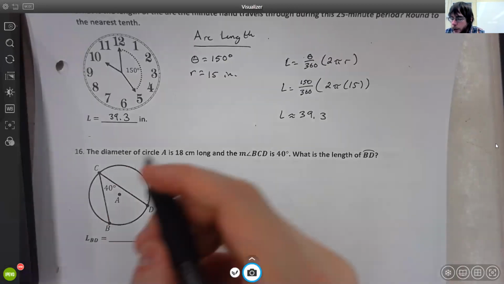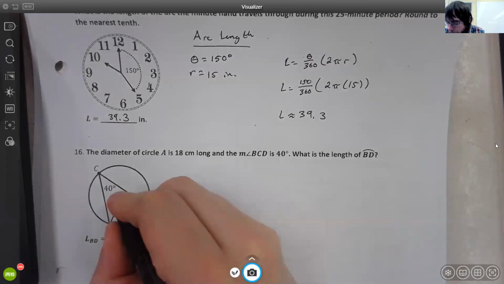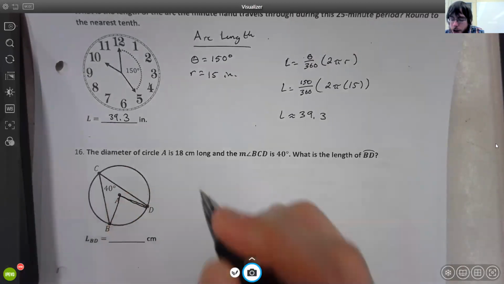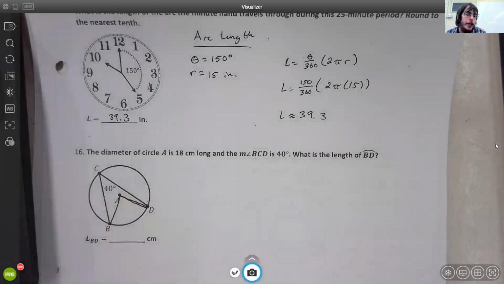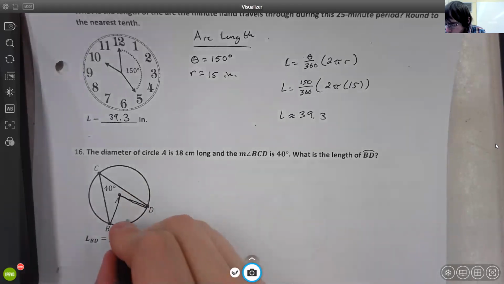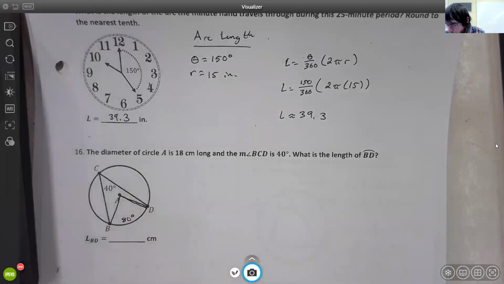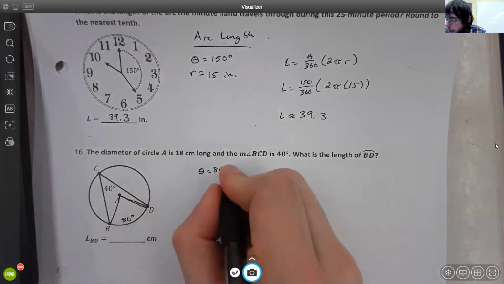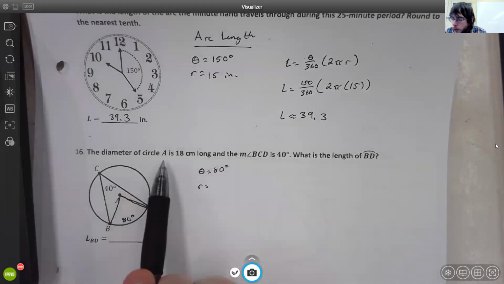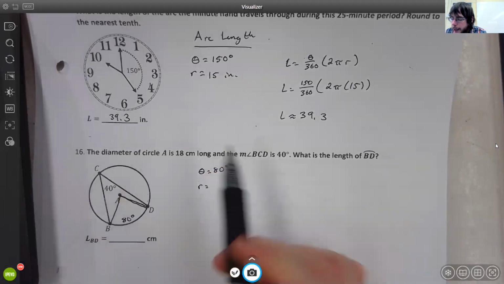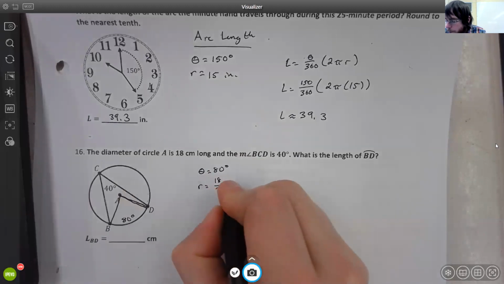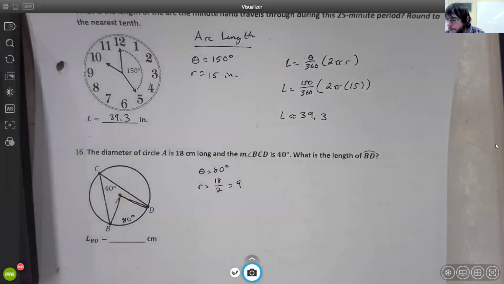We actually have to determine what our central angle would be based on that. And we know that the arc would be equal to twice what the angle is, so our arc would be 80 degrees. So theta is going to be 80 degrees. R is going to be half of 18 because it's our diameter, and we get 9.